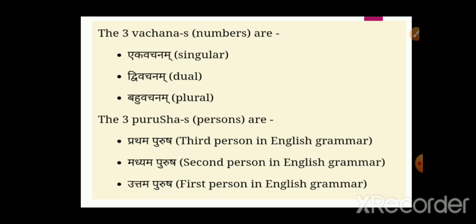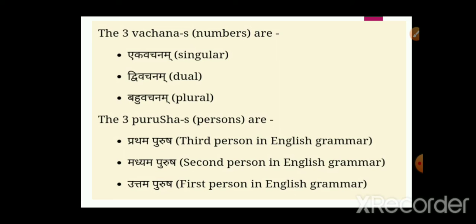And in Sanskrit we have three Purushas. Purusha means person in English. Those three Purushas are Prathama Purusha, Madhyama Purusha and Uttama Purusha. Prathama Purusha means, normally everyone thinks Prathama means one, so it can be the first person.